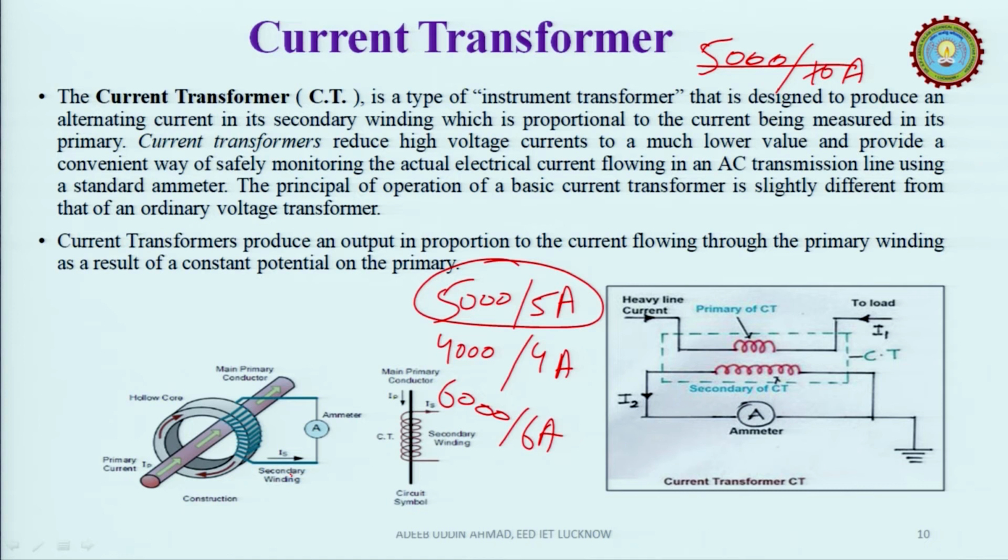So, the primary and the secondary are magnetically linked with each other with the help of flux. So, when current in the primary moves, this current will be reflected in the secondary, and this secondary current can be detected with the help of an ammeter.